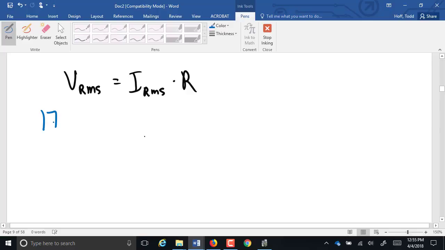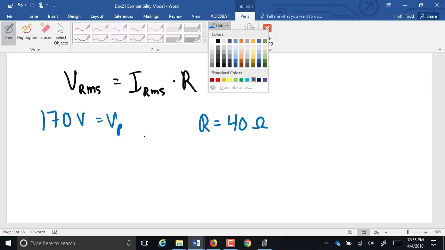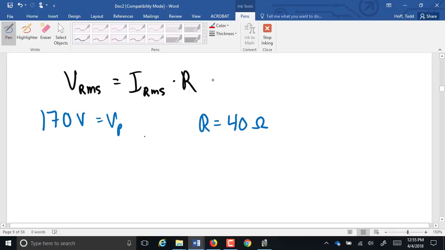So if we have a 170 volt peak voltage subject to a resistance of 40 ohms, what current would we expect to be flowing there? Well, voltage RMS we just found to be 120.2 volts, right?